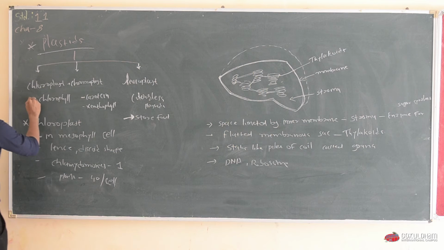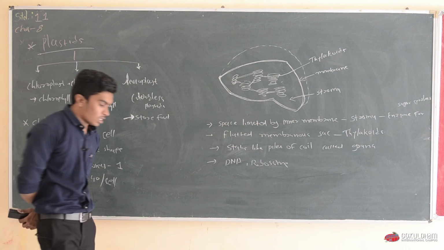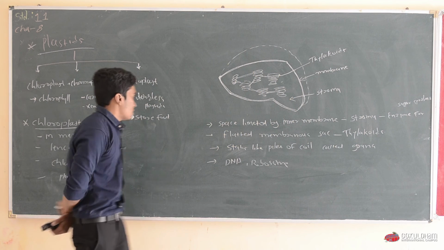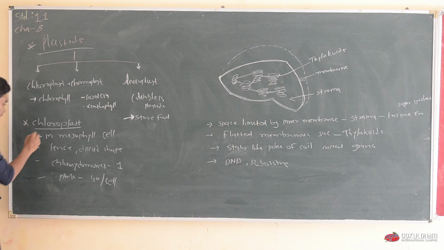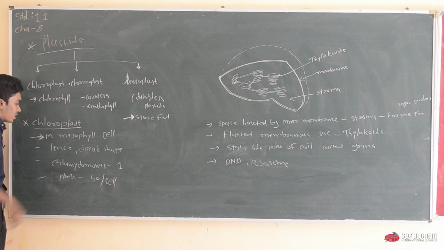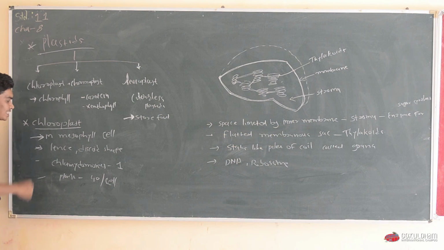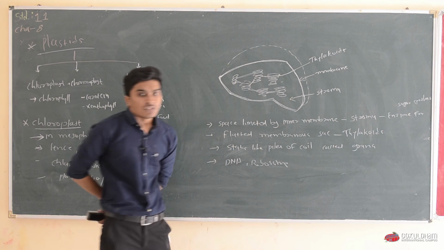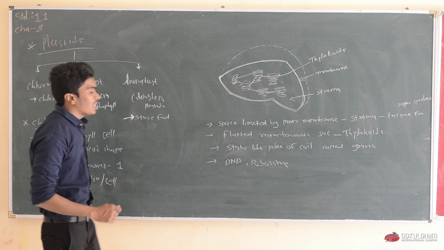Now let's see the ultrastructure of chloroplast. As we all know, chloroplast is responsible for the production of sugar, which is also known as the food of plant, by the process called photosynthesis. The chloroplast is very abundant in a type of cell known as mesophyll cell. The chloroplast is lens-shaped and discoid in shape, which means the chloroplast in plants is present in different shapes.